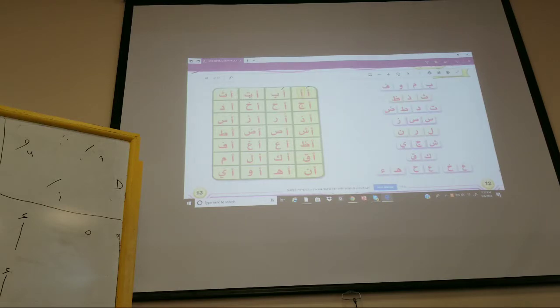But the sound is alif, ba, b, ta, t, tha, th, jim, j, ha, h, kha, kh, dal, d, zal, th, ra, r, za, z, sin, s. You see? This is just helping you pronounce it.